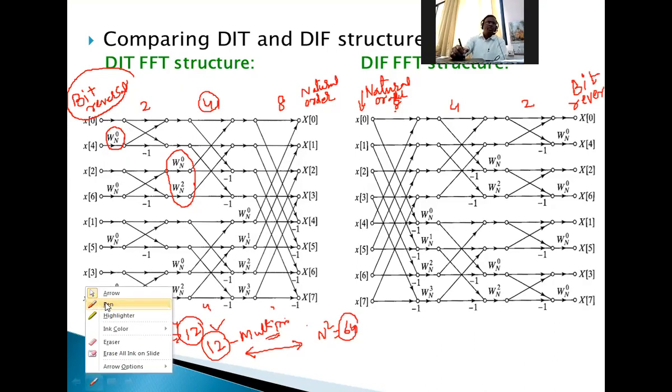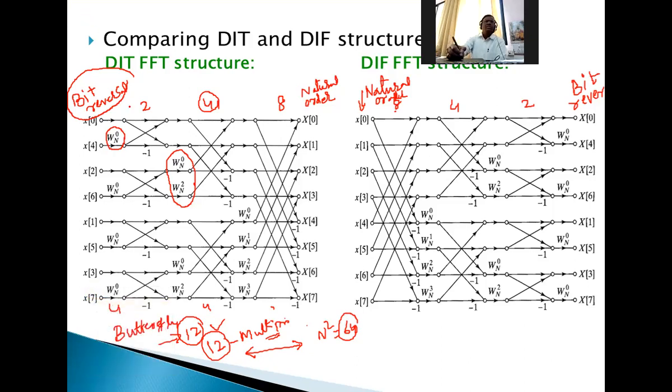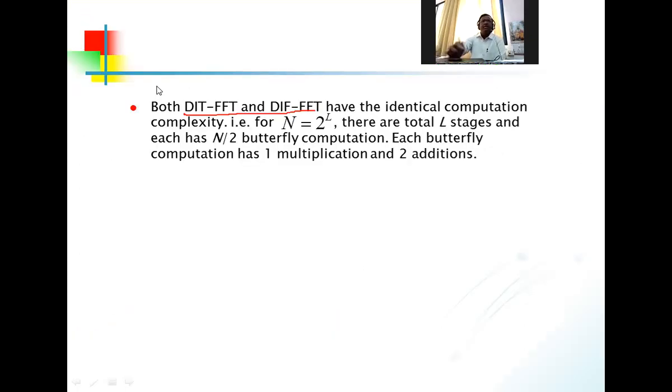Let us take the butterfly diagram for DIT, with Wn to the power k.